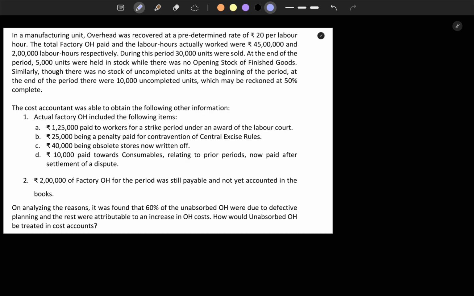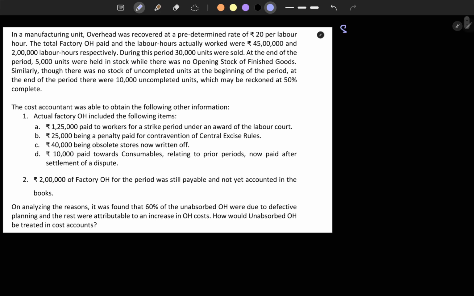And today, what we are going to discuss is the next heading, which is supplementary overhead rate. What we are going to learn in this supplementary overhead rate is, till now we have seen how we can charge the overheads to the products through the overhead absorption method.